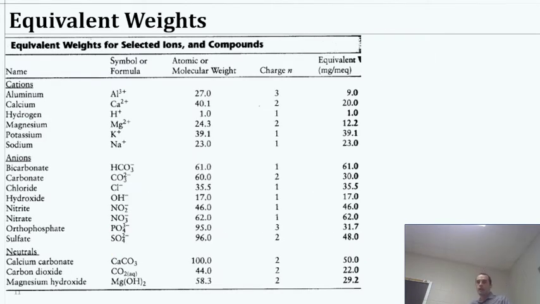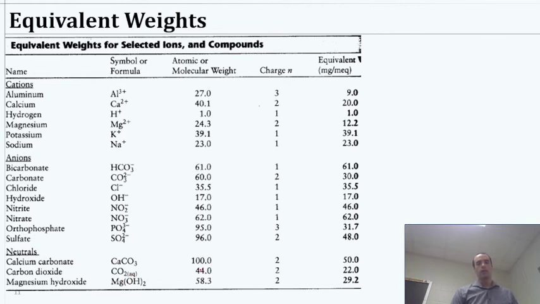Got a table just to elaborate there, if you wanted to check yourself and make sure you can do that properly. We've got these different cations and anions and other species here. We have the atomic or molecular weight, the charge, and then the calculated equivalent weight. So for example, calcium carbonate, which we just looked at, and carbon dioxide, CO2 aqueous.